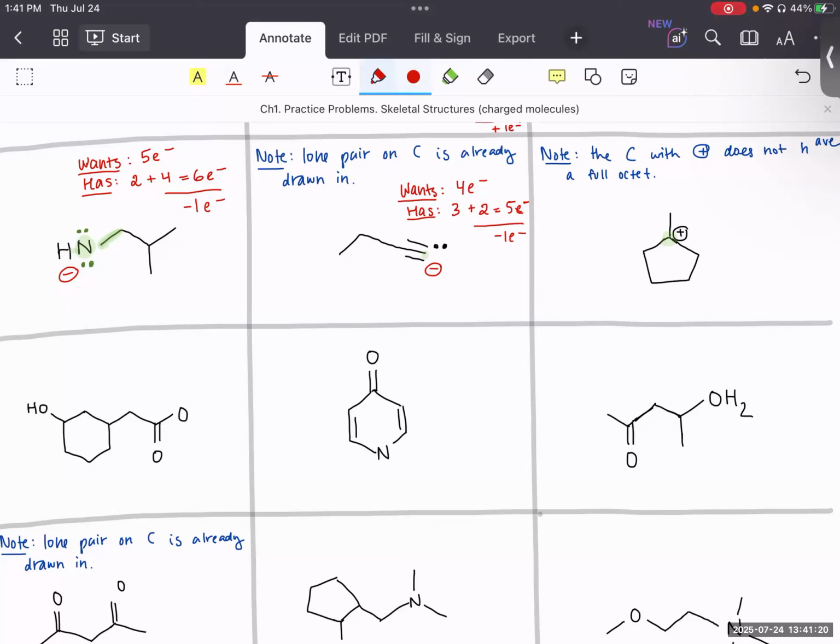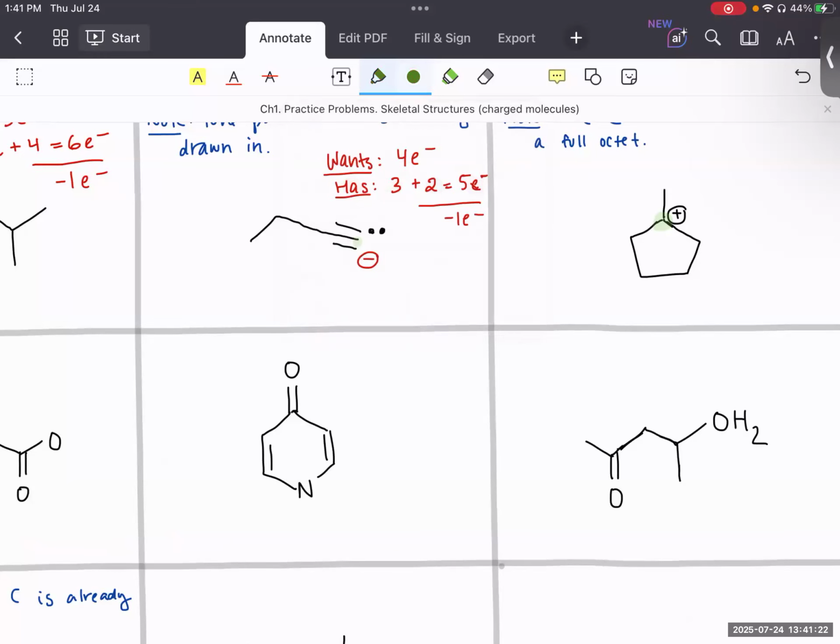But here what this means is that this atom right here does not have a hydrogen atom. And that's going to be very, very important because that means that there's available space for something to come in and form a new bond here.